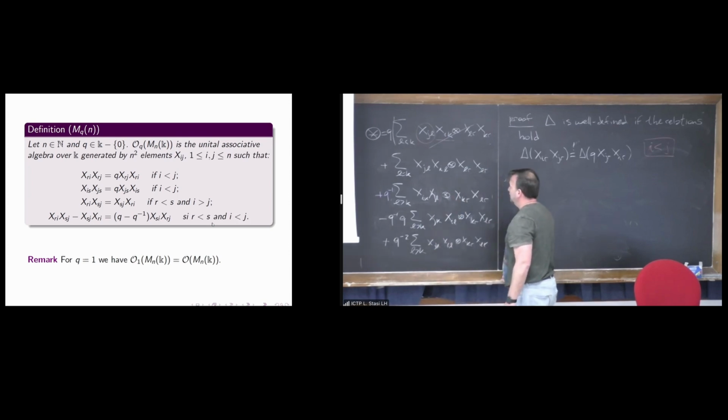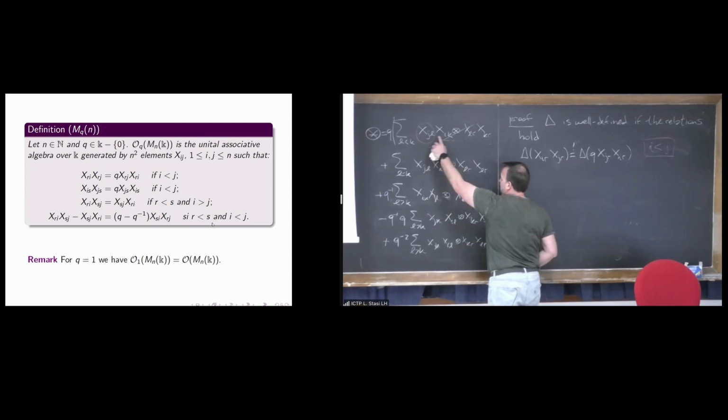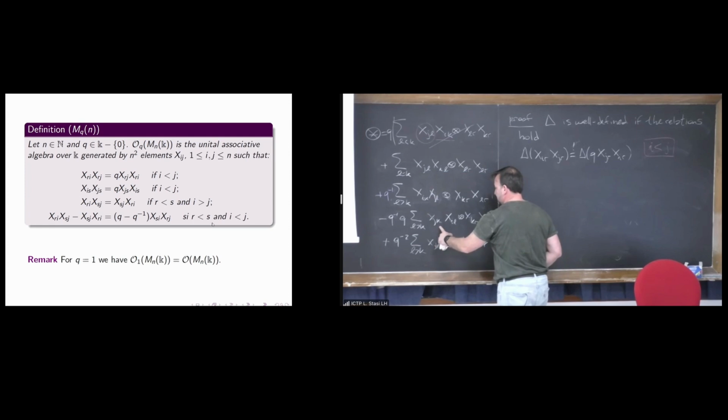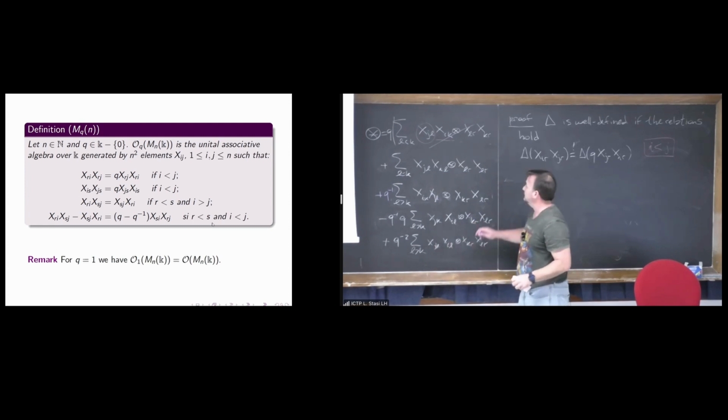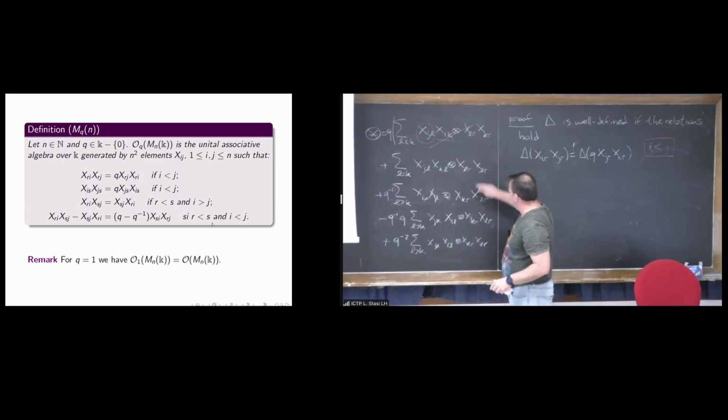So, we have XJL, XIK, XJK, XIL. So the K and the L are inverted, and here the K and the L are inverted.